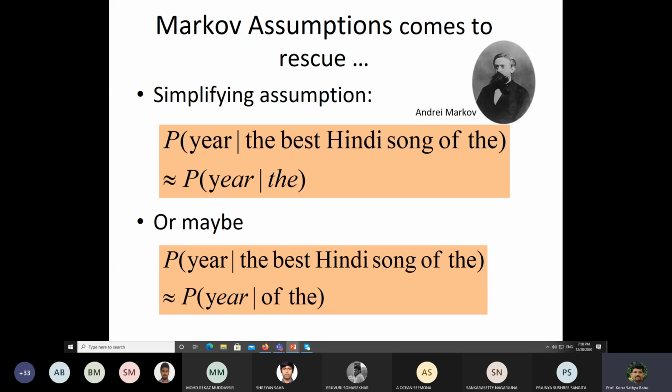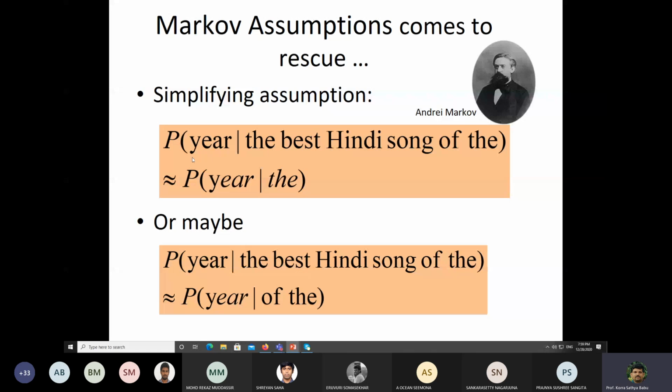Now, how do we compute this one? See the second example with the trigrams. Suppose for the bigrams, if you see the second example only, it should come as: what is the probability of "the" occurring after "of"?